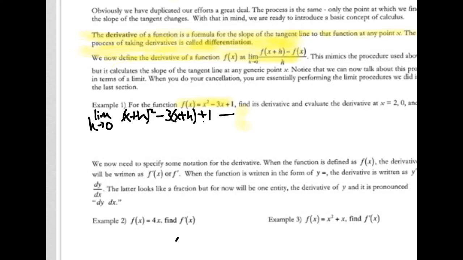So that's going to be x squared minus 3x plus 1. And everything is over h.